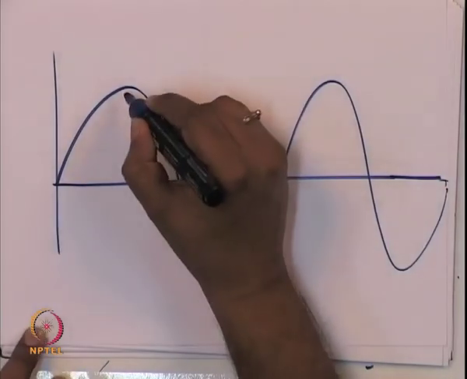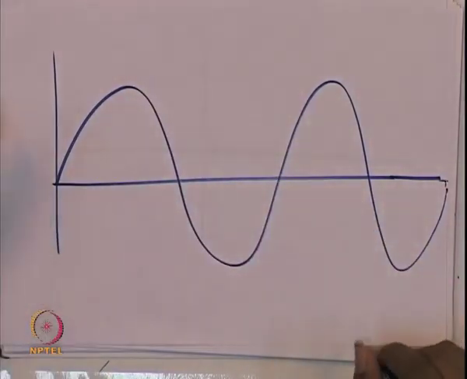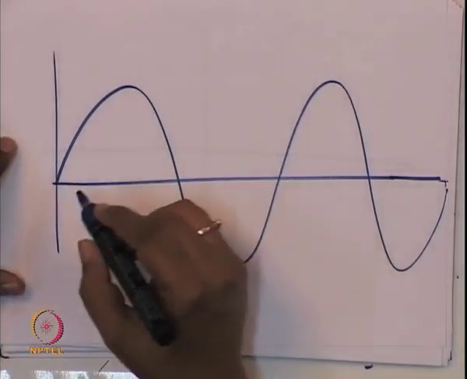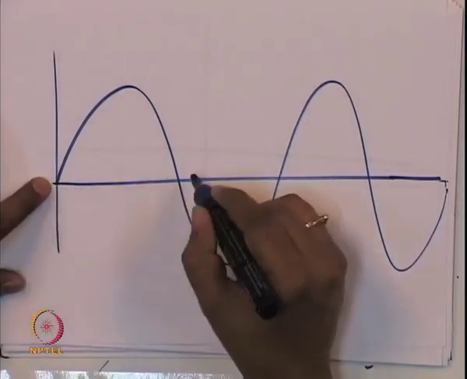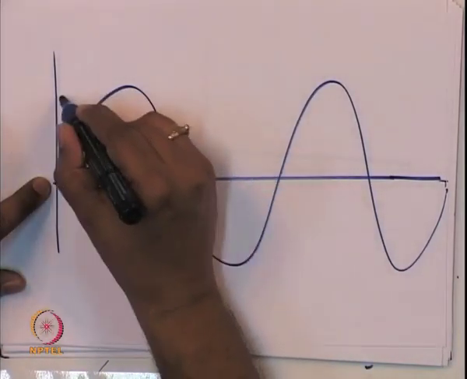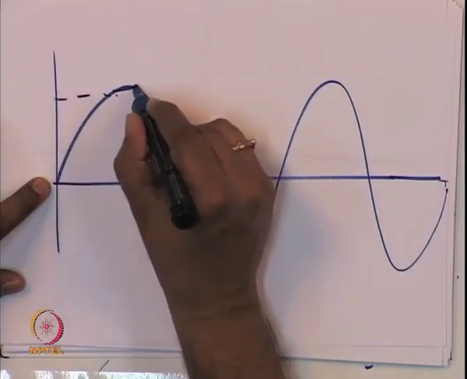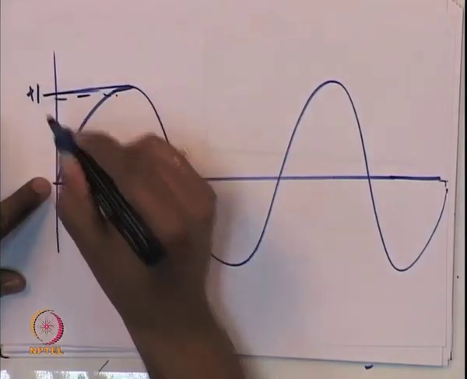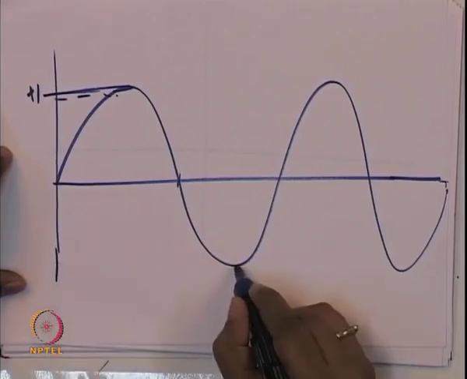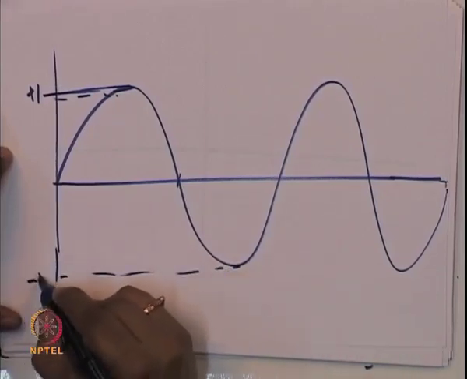At 0 it's 0, the maximum value of sine is plus 1, and the minimum value is minus 1.